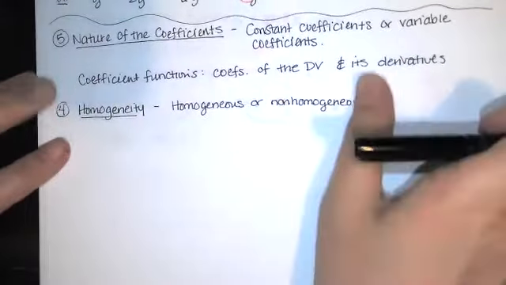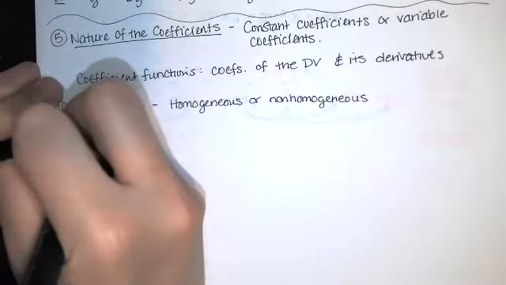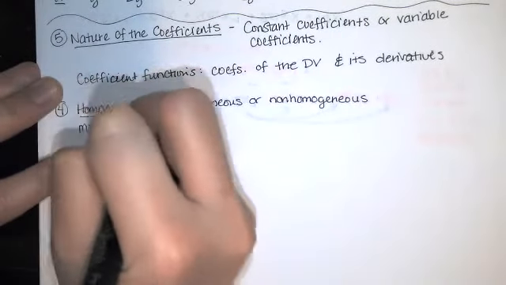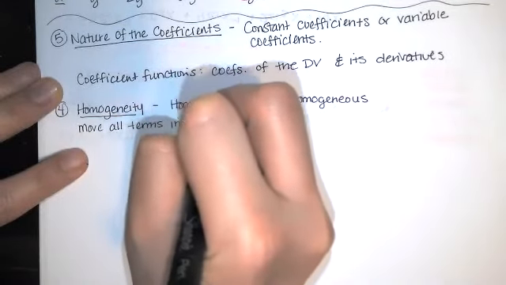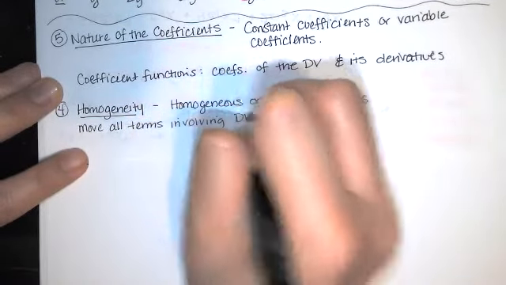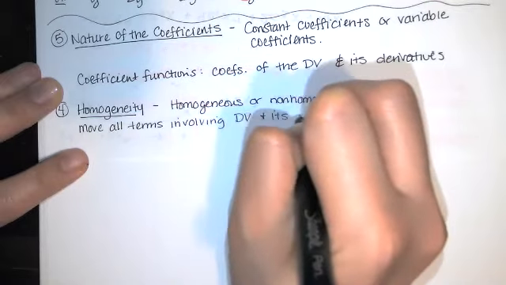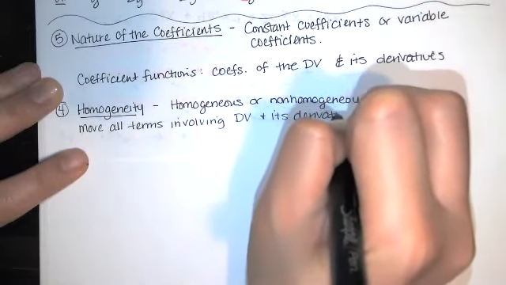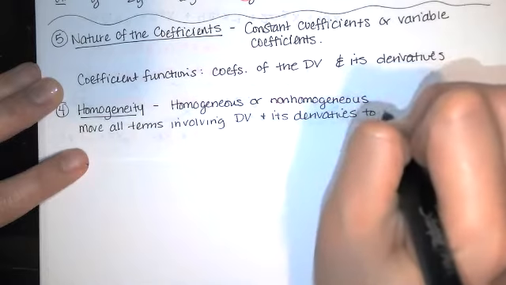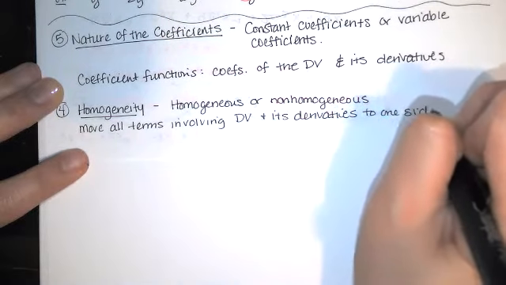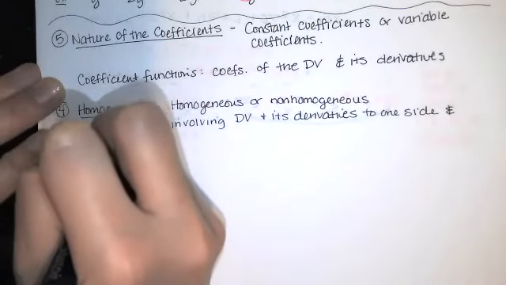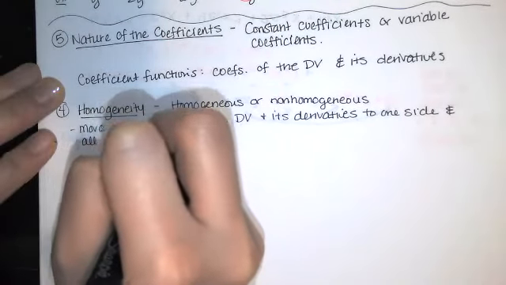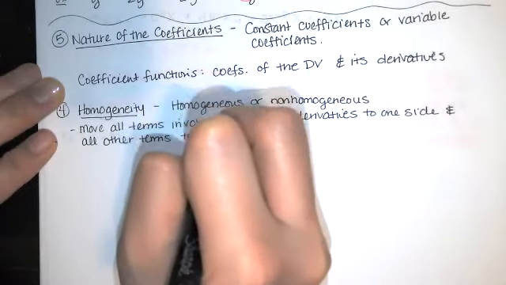So let's write that down. We'll say move all terms involving the dependent variable and its derivatives to one side, and all other terms to the other side.